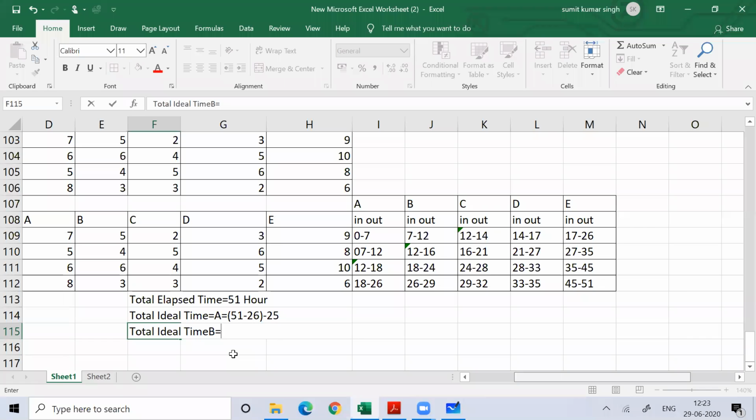Total idle time of B also I can find. That would be 7 plus 18 minus 16.